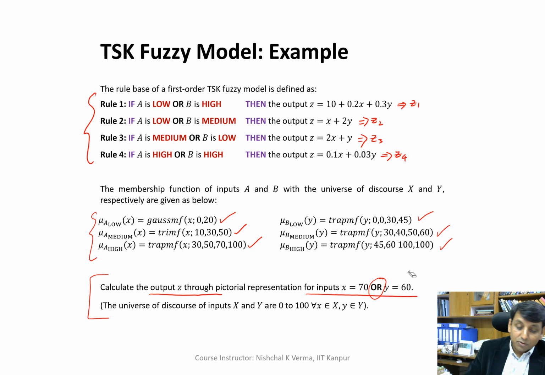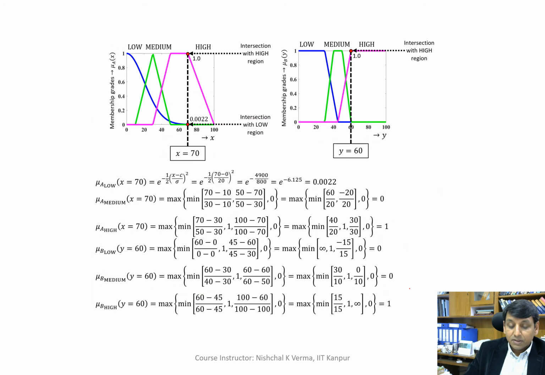So here also you see the connective, instead of AND we have OR. If we have this kind of situation, we know what to do. We have the inputs x is equal to 70 or y is 60. So let's now proceed with this.